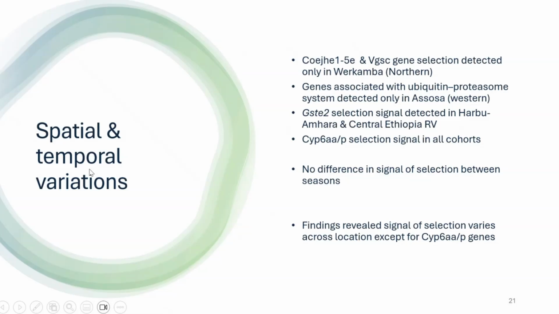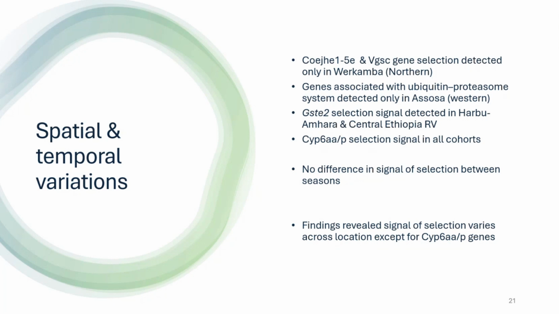So in general, the signal of selection in Anopheles arabiensis in Ethiopia varies across sites. As I said, the carboxyl esterase juvenile hormone gene and VGS genes are under selection in northern Ethiopia, and genes associated with the ubiquitin proteasome systems are only found under selection in Asosa, western Ethiopia.